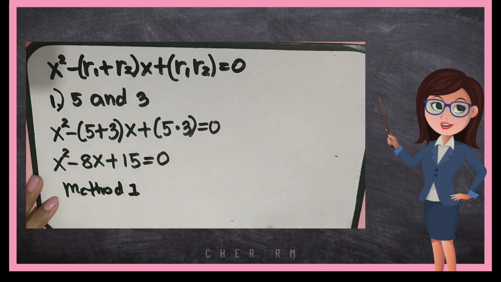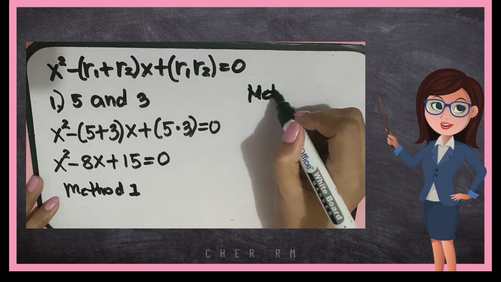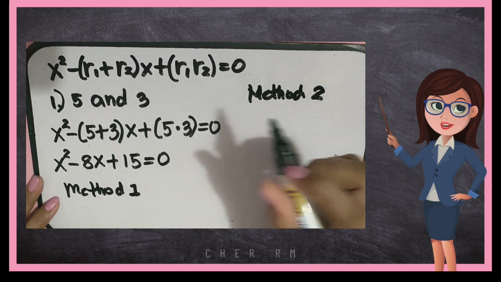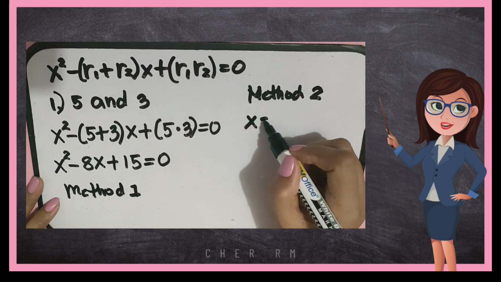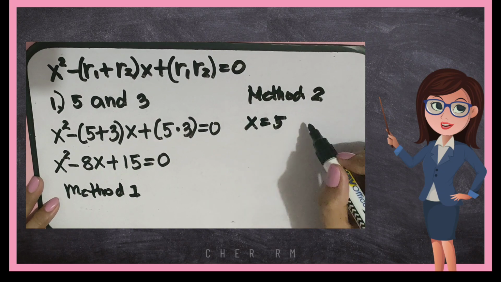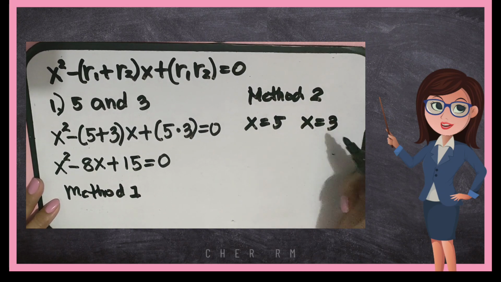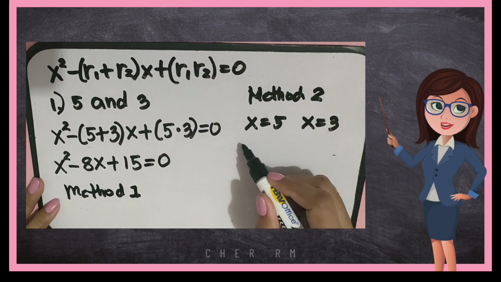Okay, we have another method, method number 2. Let us write the method number 2 here. Using 5 and 3, so the roots are x equals 5, then the other one is x equals 3. So we will write these roots into factored form.